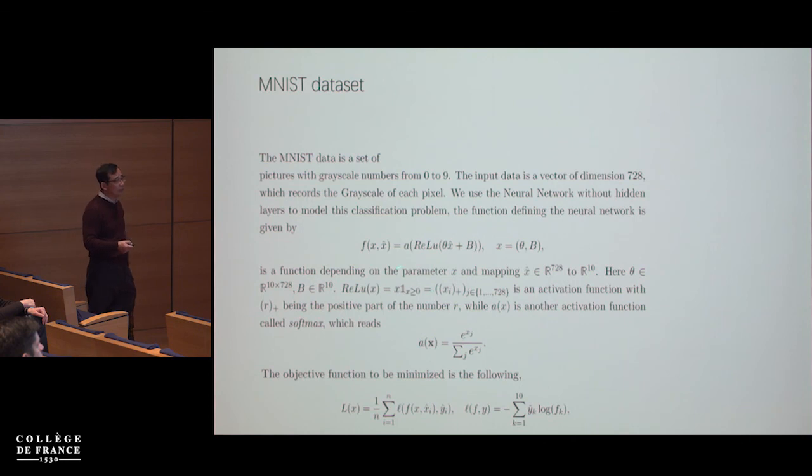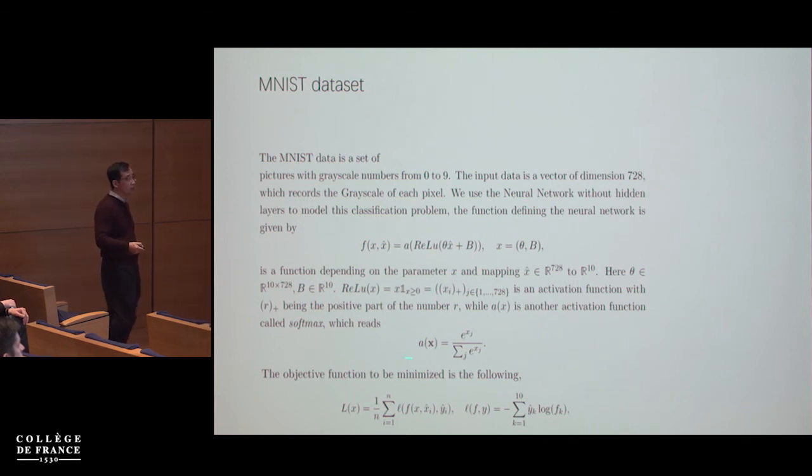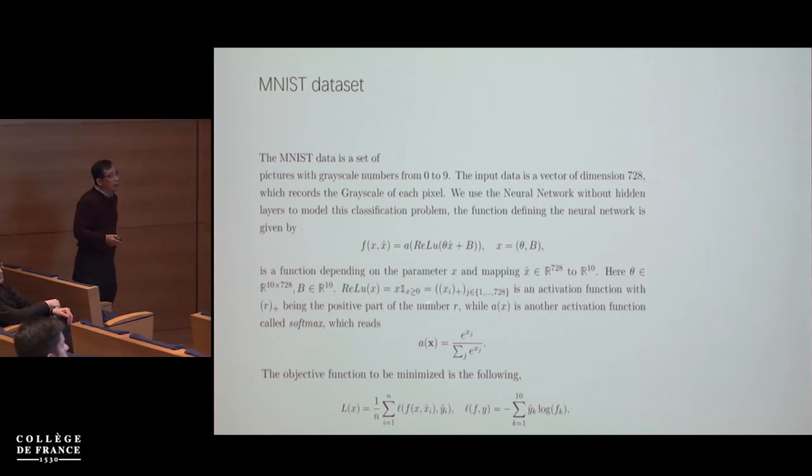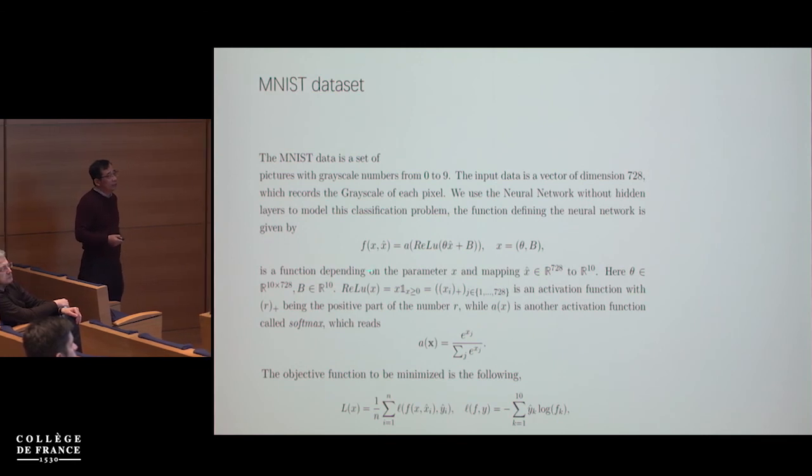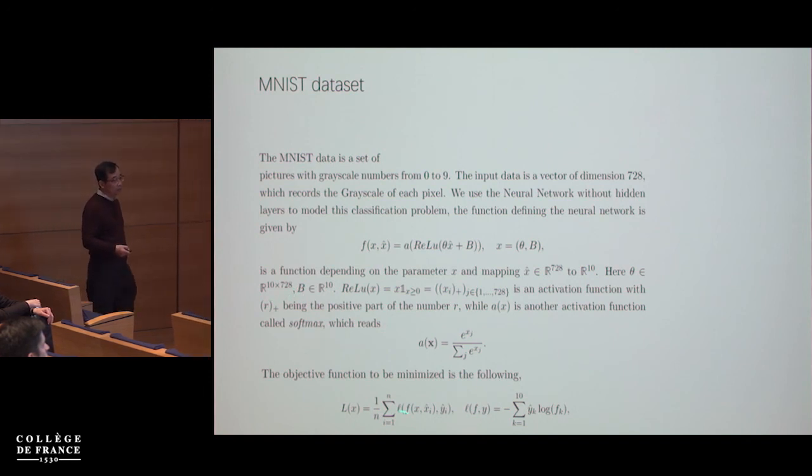So A is the activation function. This is essentially the optimization problem. It's non-convex, and this variable is 7,000 dimensions. And here is the loss function, which is what you try to minimize.